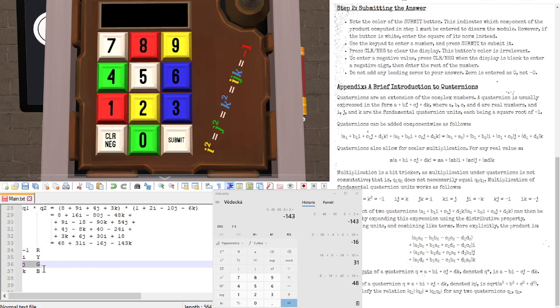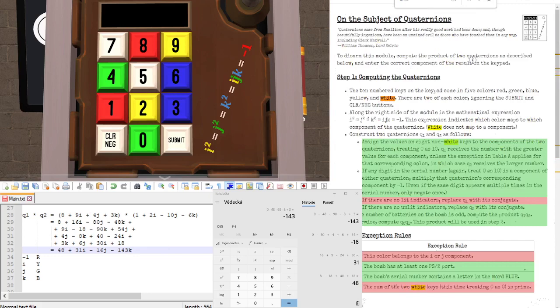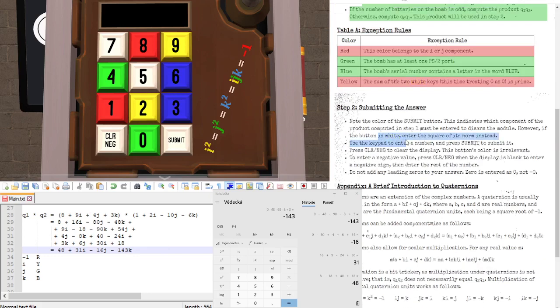And if it was blue, we would submit minus 143. However, it's white. As I said earlier, we can never get a white for our 4 components. So if the submit button is white, we actually have to submit something else. Oh, yes, I think I saw it. It was here.